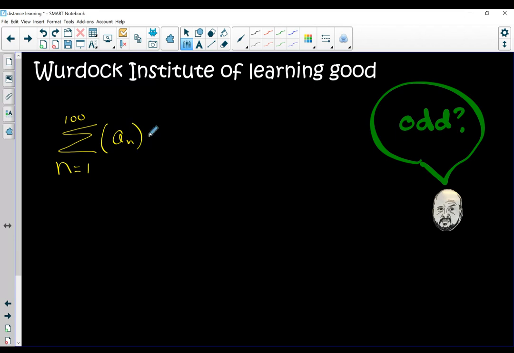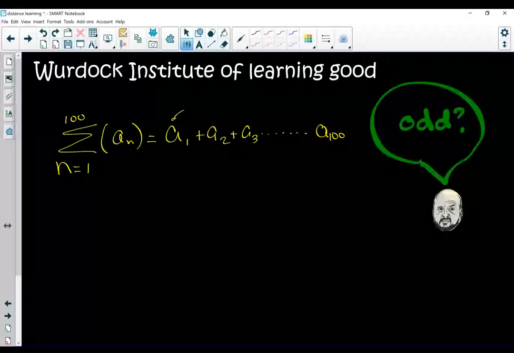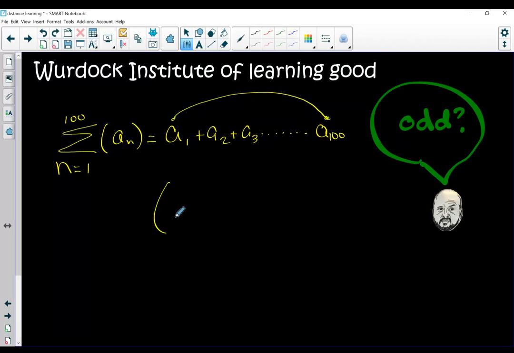And what that means is that you're going to take your first term, add it to your second term, add it to your third term, and stop when you get to your last term, which is the 100th term, a sub 100. You add your first and last together and get a sum, and in this case, it is the first term and the so-called last term. It's the 100th term in this instance. And how many things do we have on our list? 100, so we divide that by 2. And that expression gives me essentially 50 pairs of the sum from the first and last term.